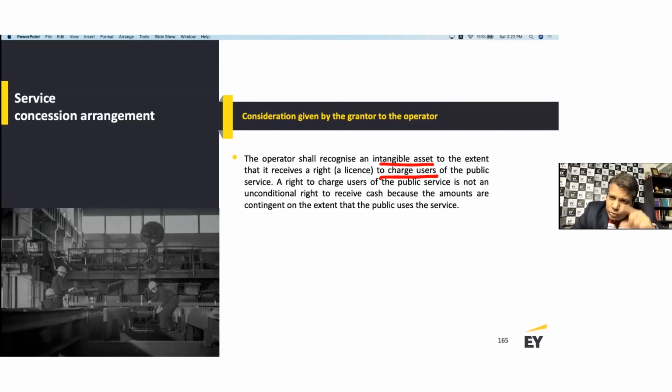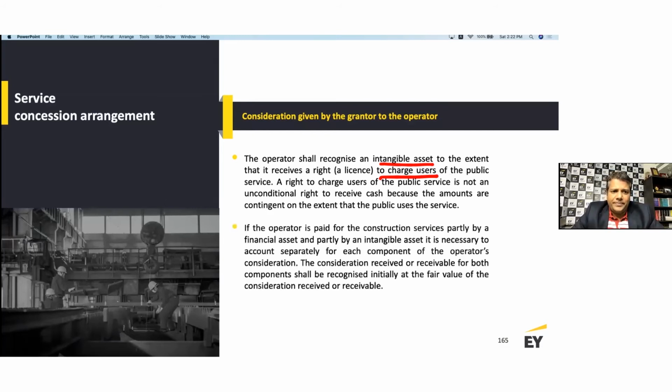But if I have a right to charge, then it is an intangible asset for me. If the operator is paid for the construction services partly by a financial asset and partly by an intangible asset, like a hybrid model, it is necessary to account separately for each component of the operator's consideration, right? The accounting becomes a little more complex.